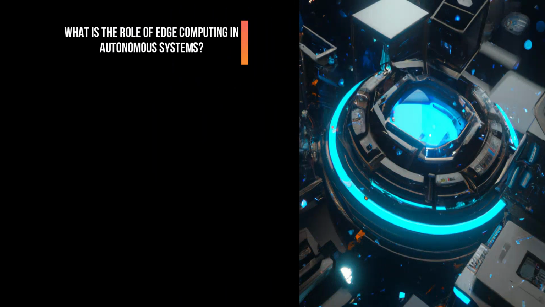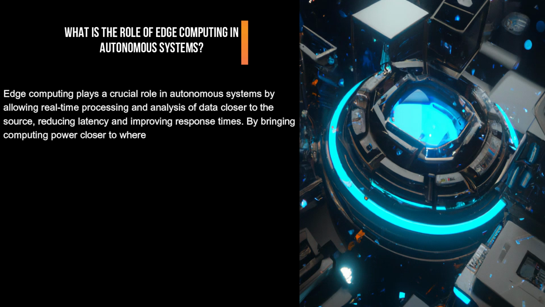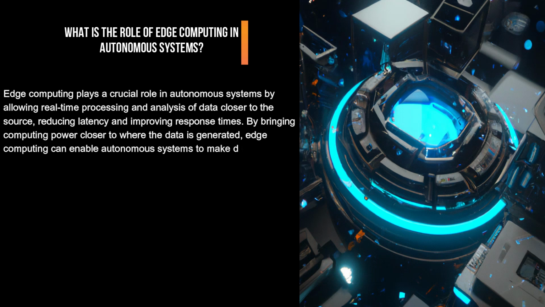What is the role of edge computing in autonomous systems? Edge computing plays a crucial role in autonomous systems by allowing real-time processing and analysis of data closer to the source, reducing latency and improving response times. By bringing computing power closer to where the data is generated, edge computing can enable autonomous systems to make decisions faster and operate more efficiently.